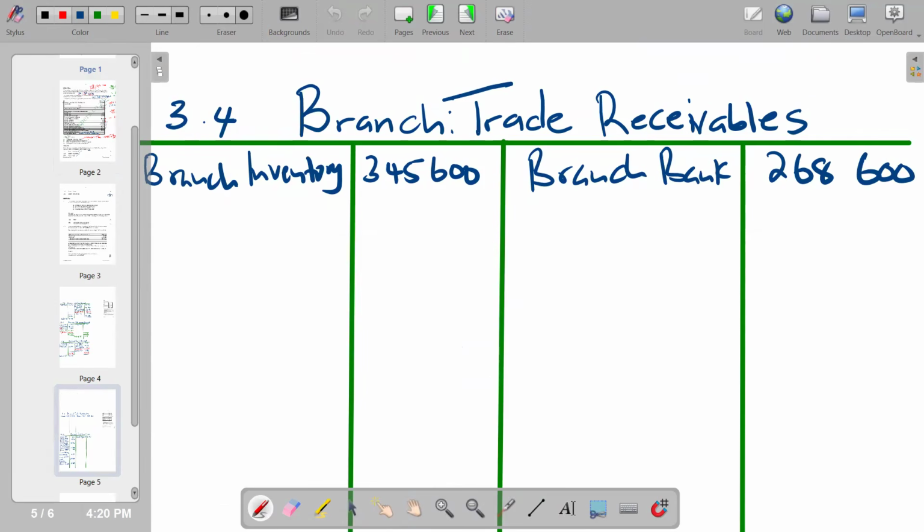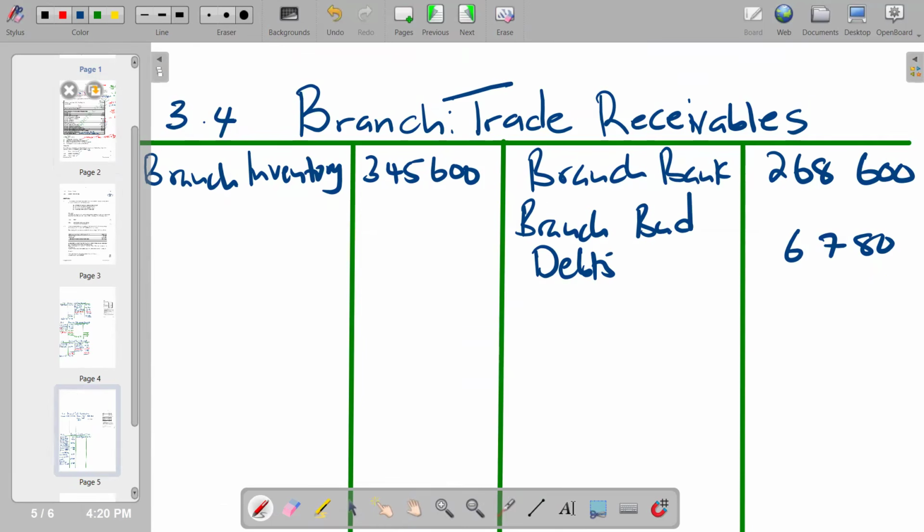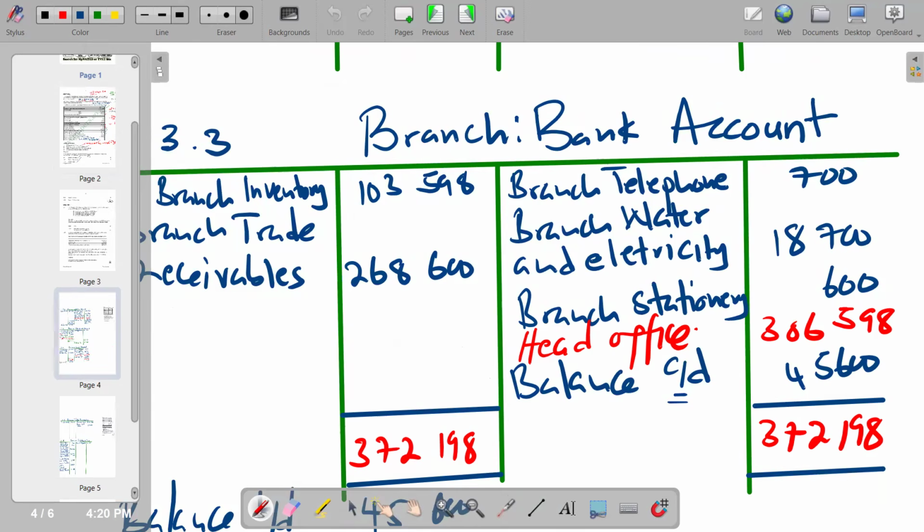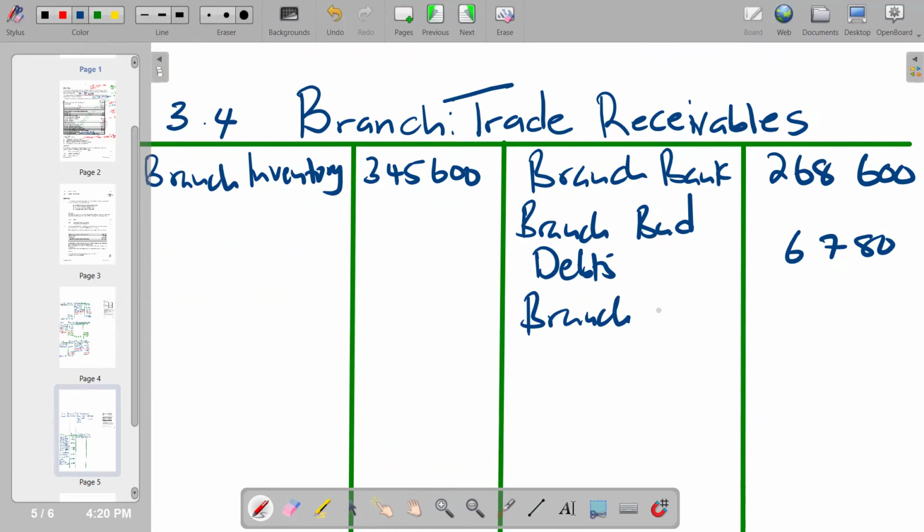We do have branch bad debts, and then we have got an amount of 6,780, and the next amount is discount allowed to debtors, which is a branch settlement discount granted, which we are having is 5,410.